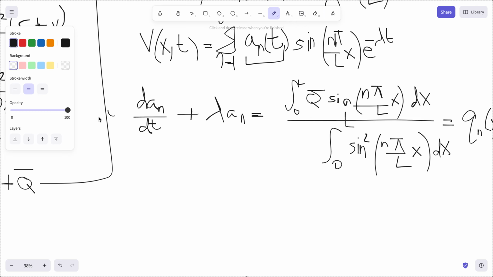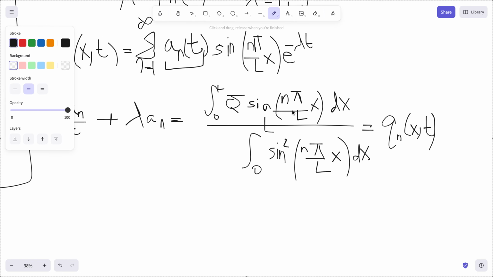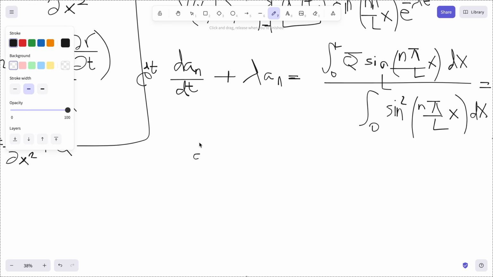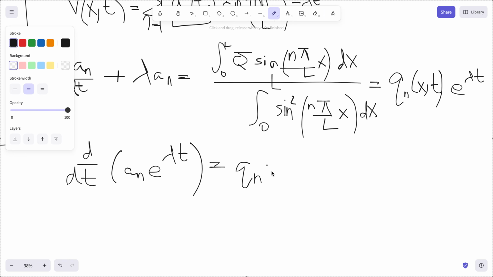And what you'll realize is that if you multiply both sides by e to the lambda t, and this is a standard thing we do with our ordinary differential equations, you get the derivative with respect to time of a sub n e to the lambda t is equal to q sub n e to the lambda t d lambda t.